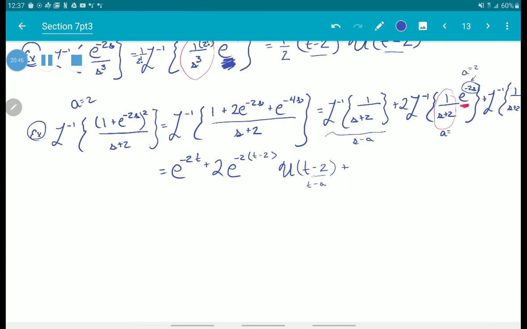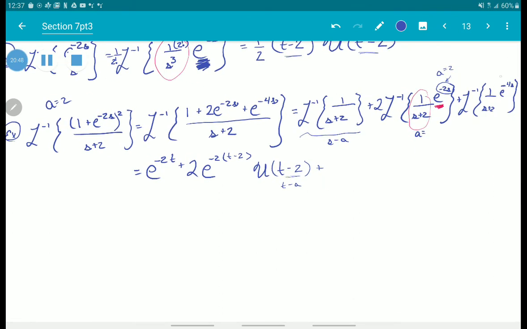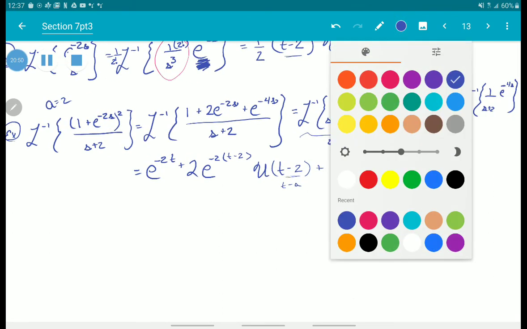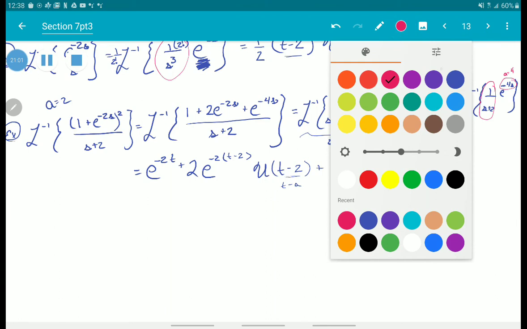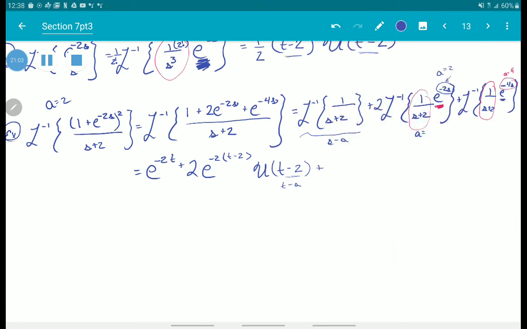And then same kind of thing for that last one here. So we're going to really focus on this guy. Our a here is going to be a 4 based on this exponent. That also tells us it's multiplied by the unit step.